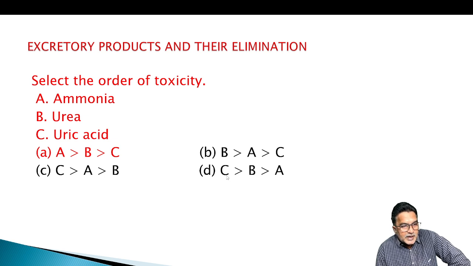If it is asked the other way, least toxic to high toxic, you should go back like this: uric acid is least toxic, urea moderate, then ammonia. So here order of toxicity is asked, so we are putting ammonia, highly toxic, then moderately toxic urea, then uric acid.